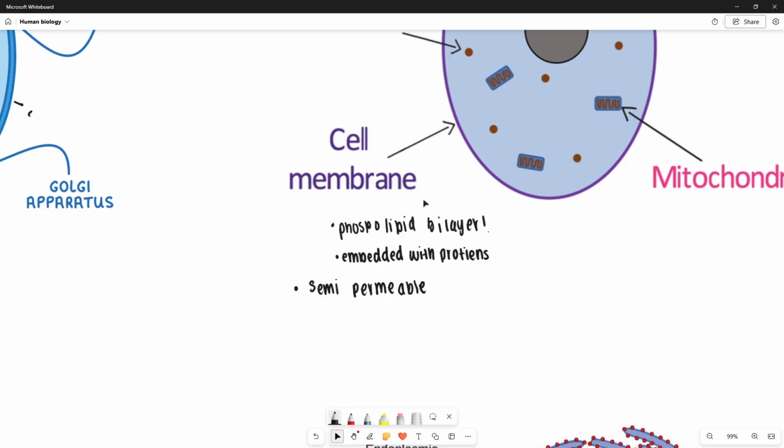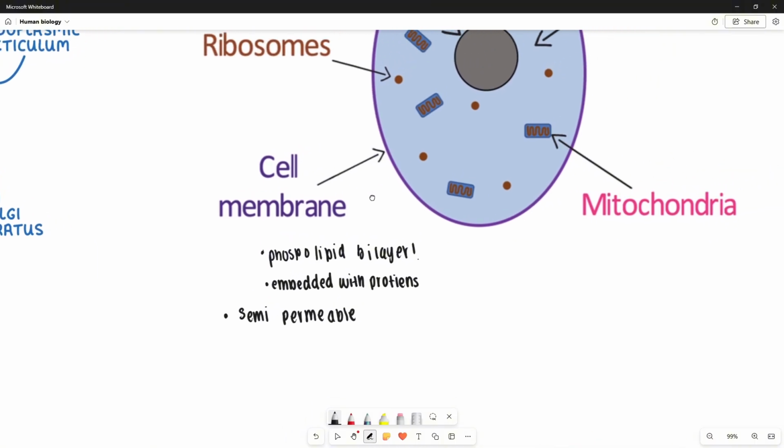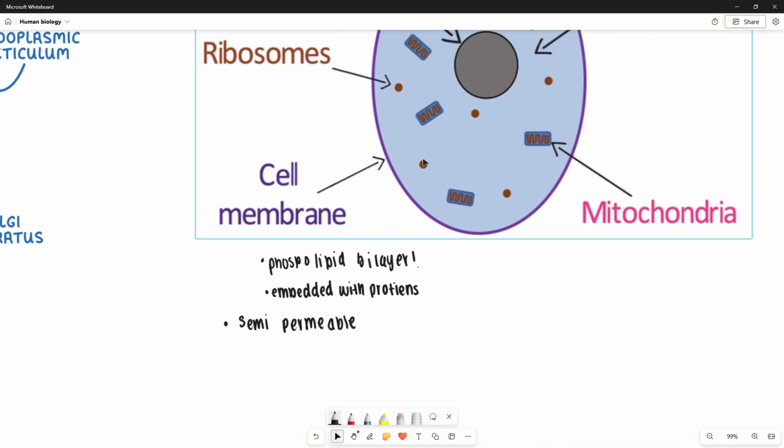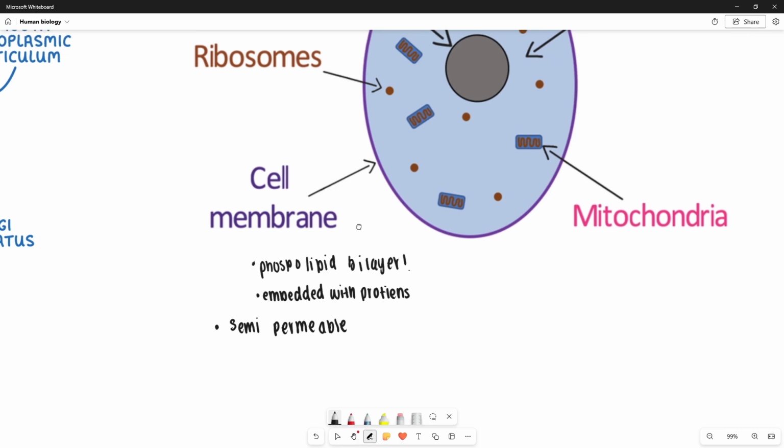It allows certain things to come in and out. So helpful nutrients for the cell can go in, while harmful things that want to enter stay out. Pretty self-explanatory.